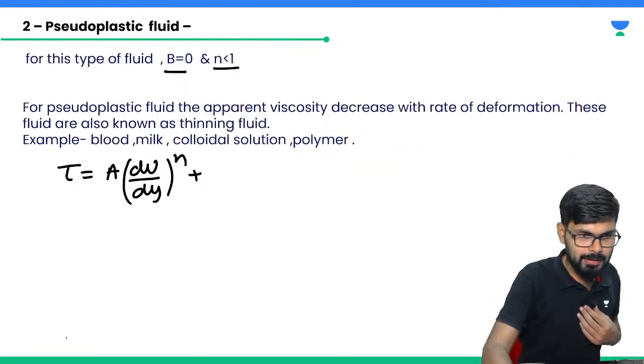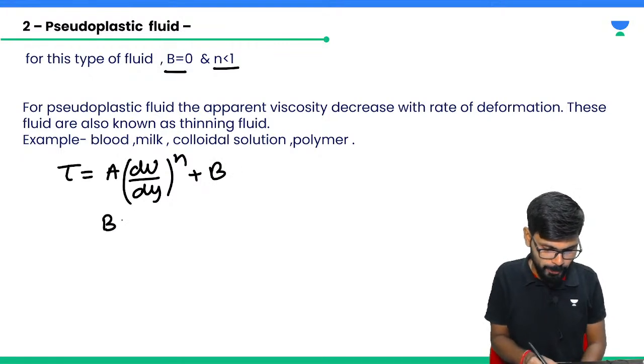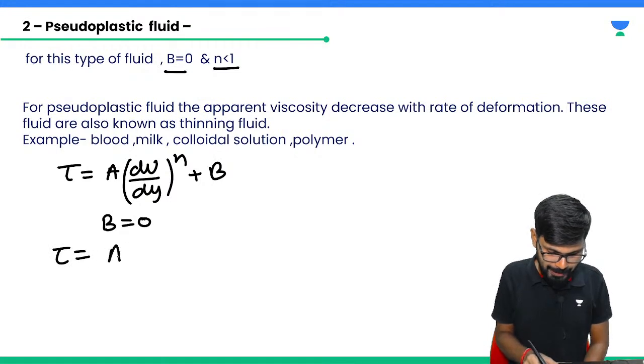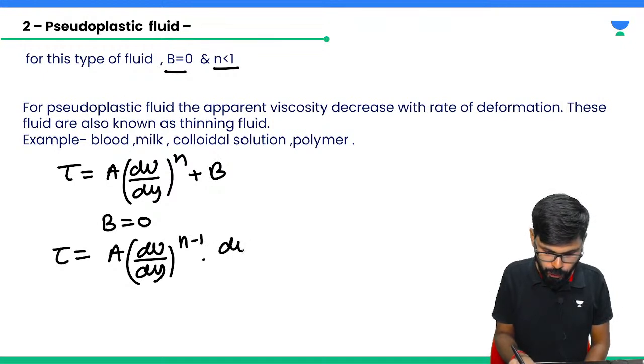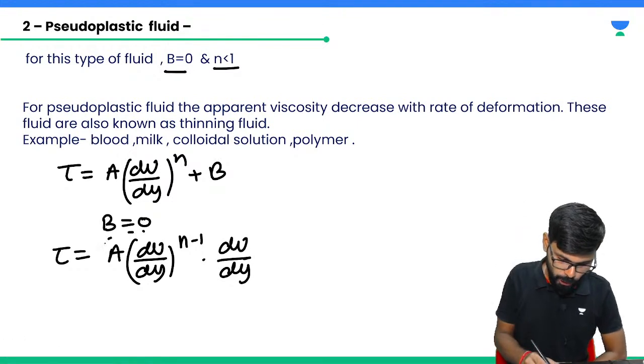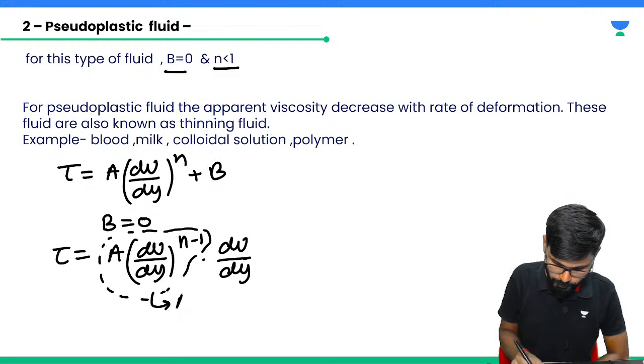Okay, next. So du/dy plus b. Now here b value is 0. So now I can say that tau is equal to A (du/dy) to the power n minus 1 into du/dy. Clear hai? Now this is basically mu apparent.